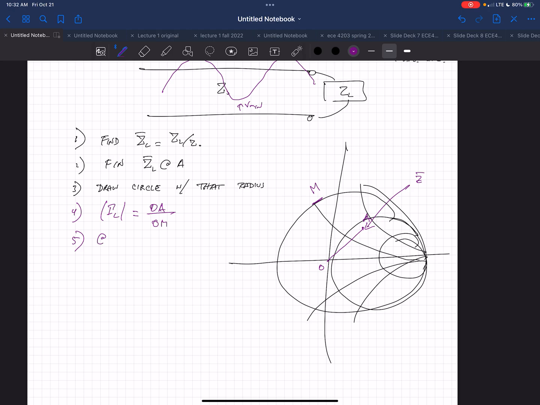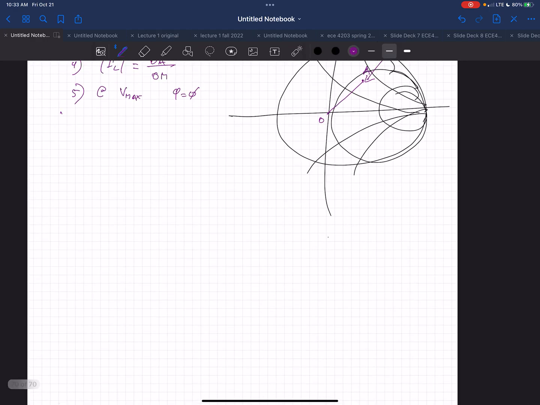At Vmax, the phase is equal to 0. The reason is that the line voltage with phase equal to 0 has amplitude V0 times (1 plus gamma L). Let me take a step back here, guys.